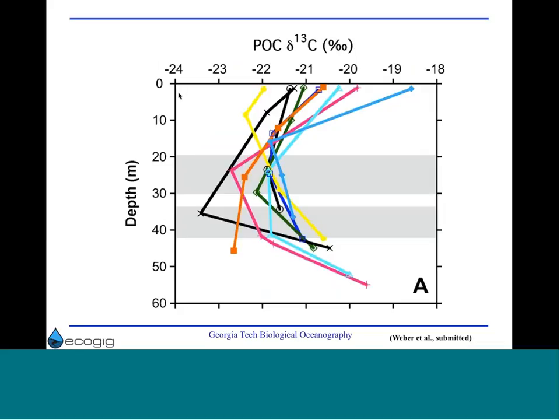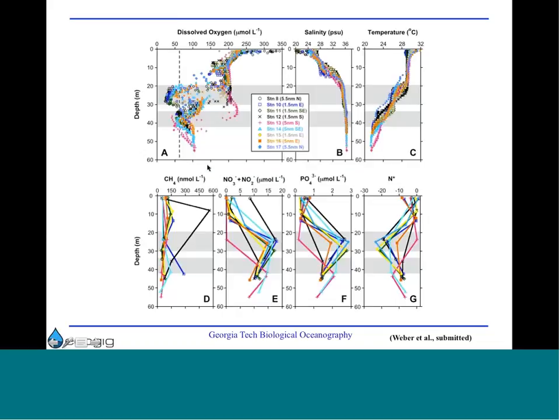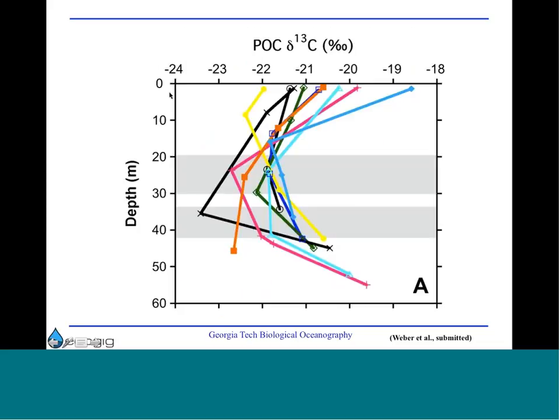Here are some profiles we have from very near that wellhead. Those light gray stripes correspond to the ones in that oxygen plot where we saw significant oxygen depletion. Remember, -20 or so is a delta C13 that's typical of marine organic matter. -22, -23 is characteristic of organic matter that has a measurable contribution of oil or gas carbon.